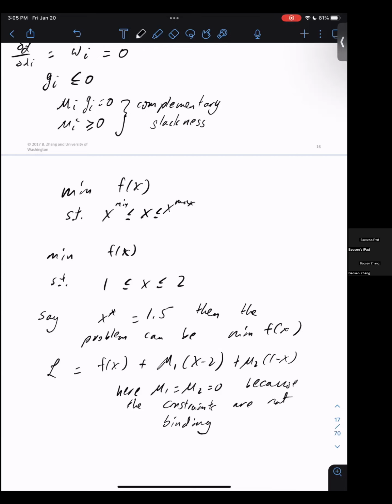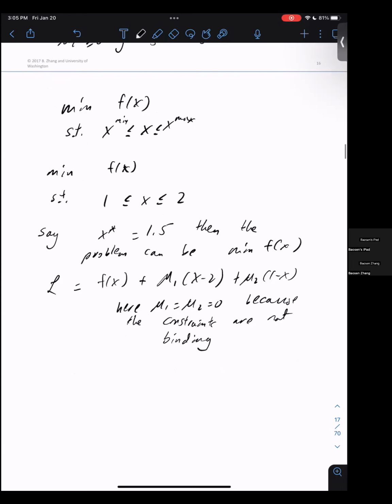Now let's say you solve the problem, and suppose x star turns out to be 2. So for this problem, the fact that you have a constraint now matters, because you're hitting the upper bound. Now your constraint actually matters.